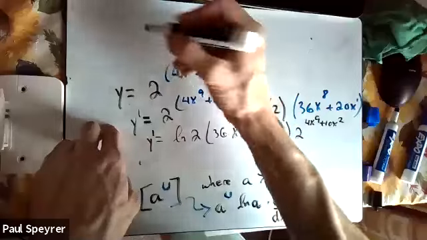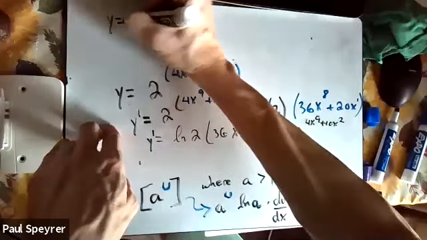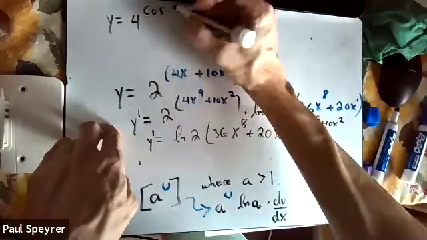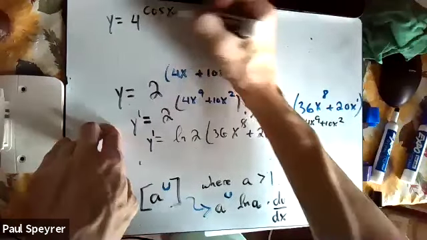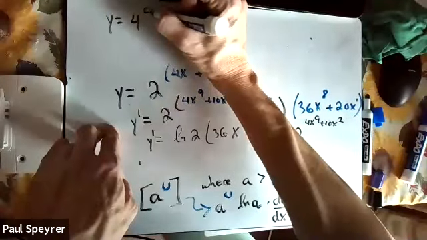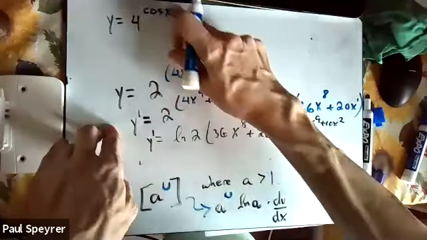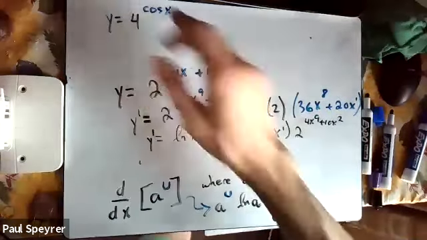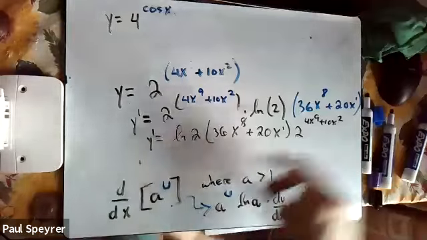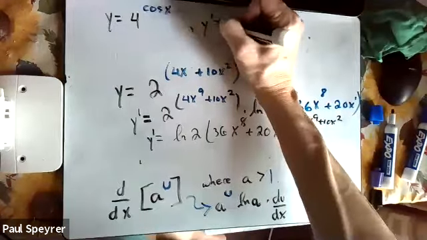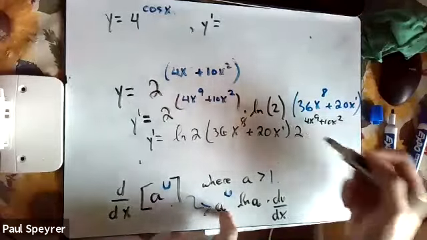What if we had a trig function, right? Like, oh, y equals 4 to the cosine of x. I'll put it in blue. All right, let's look at that now. It's still a to whatever, right? Now, if we take the derivative, remember the derivative of a to whatever is a to whatever.